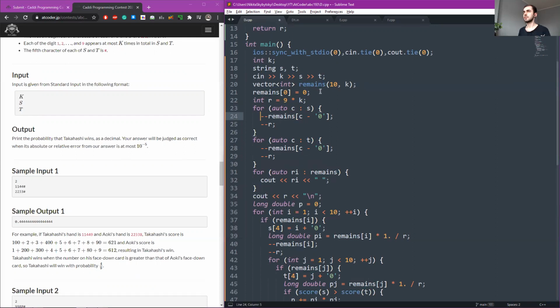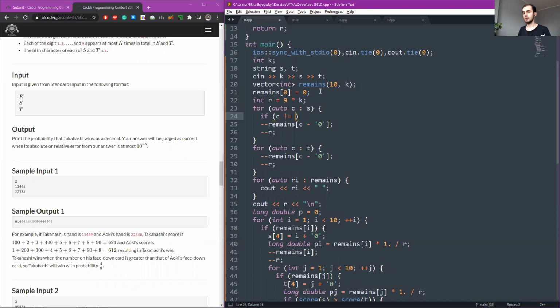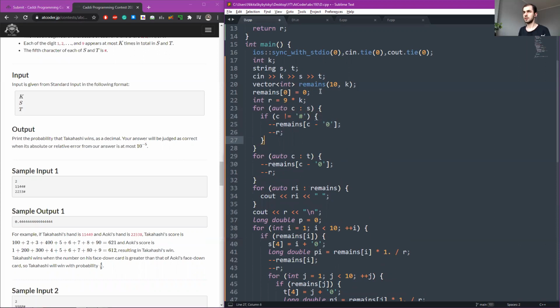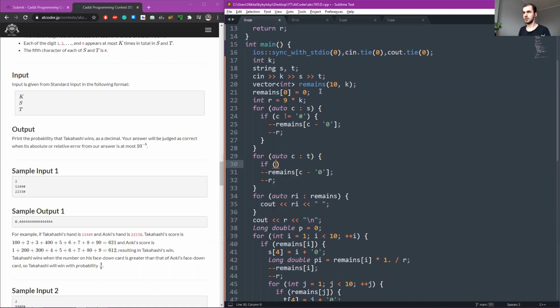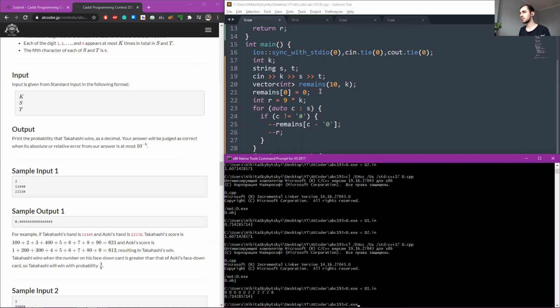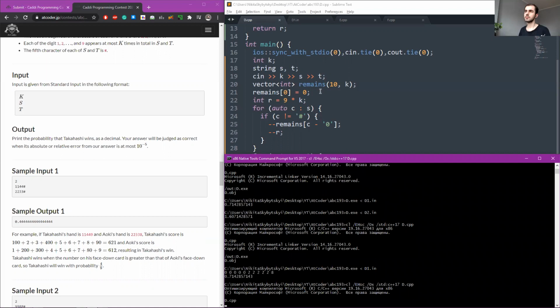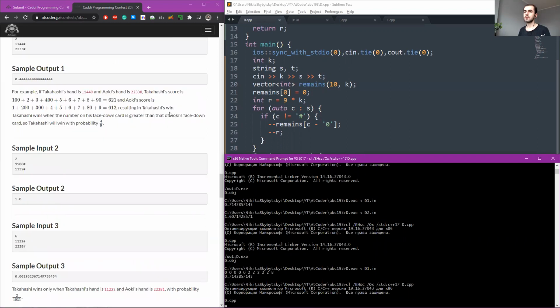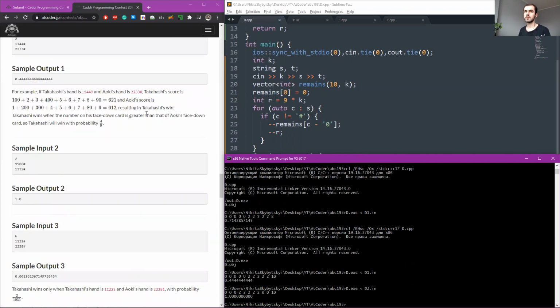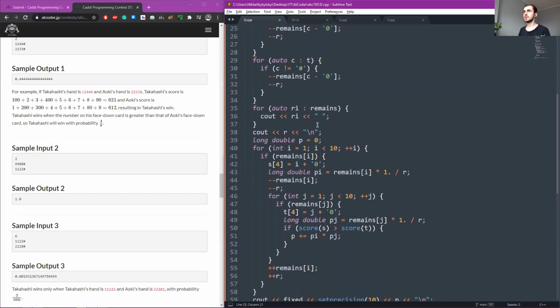Remains also, no, okay. If character is not a... Yeah, now it makes more sense.